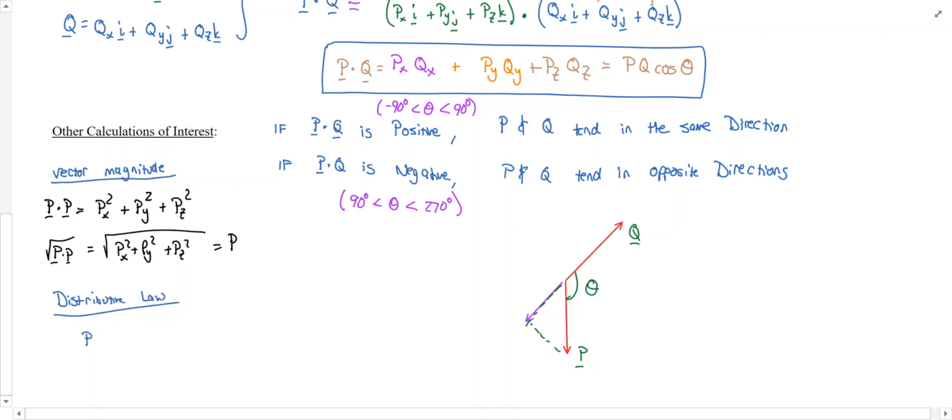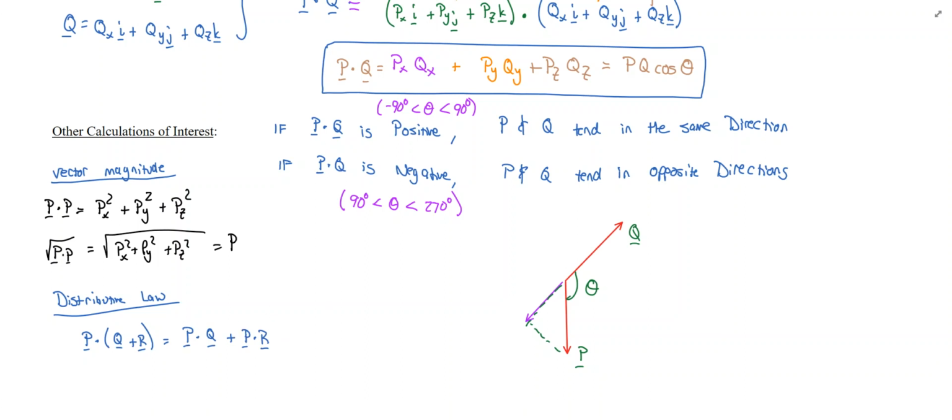So if you had P dotted with two vectors, say Q plus R, then this would be the same as P dot Q plus P dot R. That's how that would work. So you could just do the dot product of P with each vector individually, or do the sum and then do the dot product after that. It wouldn't matter. Okay, they would be the same.